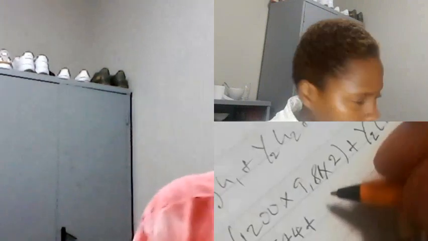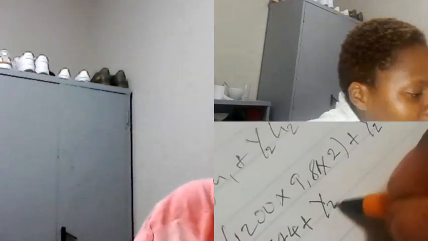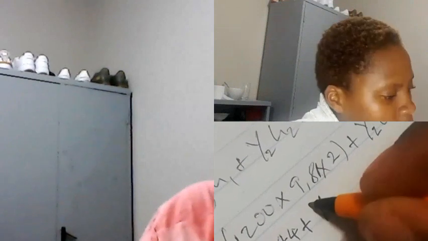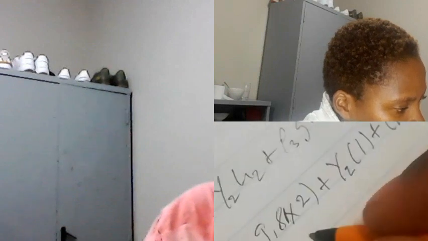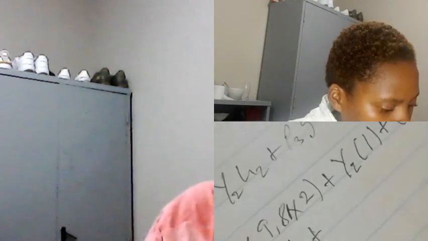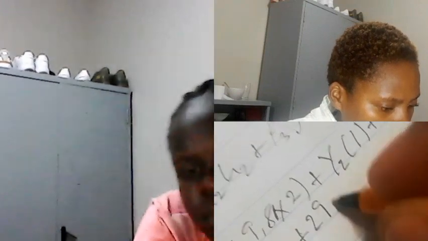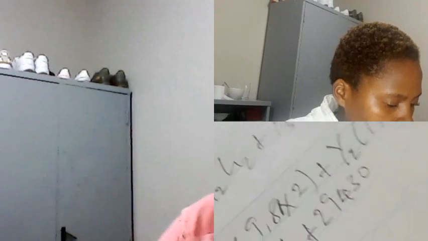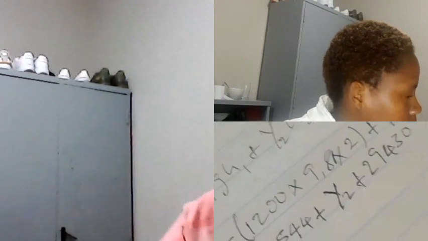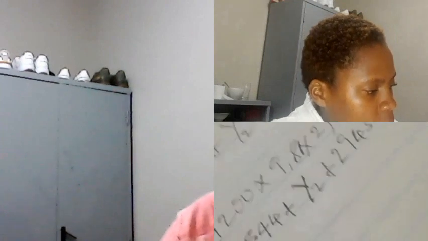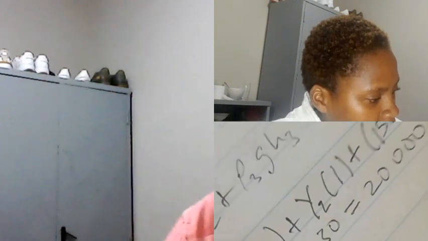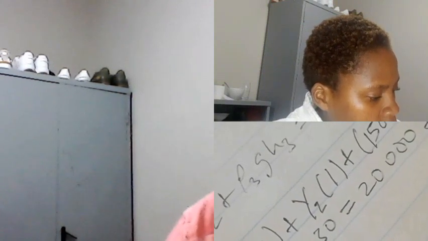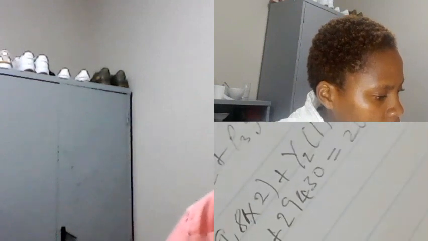Plus gamma 2, which is gamma for the manometer fluid, and then plus, if you punch the other one, it gives you 29,430. Am I correct? Yes. Did I press the calculator correctly? Please confirm. Yeah. And then this equates to 20,000 pascals plus pressure A.